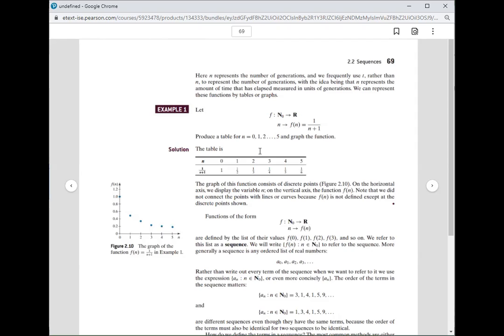If you have 0, you put 1. 0 gives you 1 over 1 equal to 1. And then if you have 1 here, the f1 will be 1 over 1 plus 1, so that's 1 over 2, right? And so on.